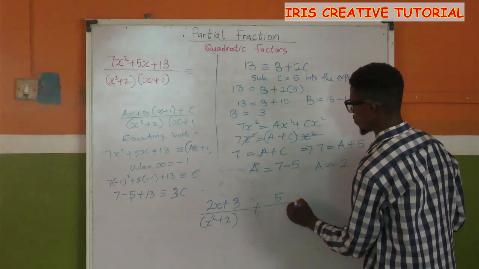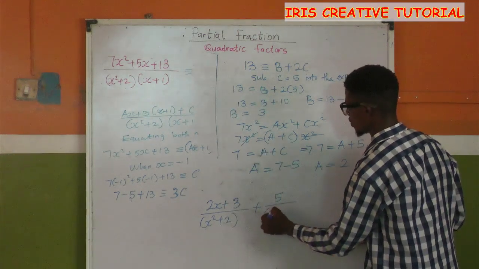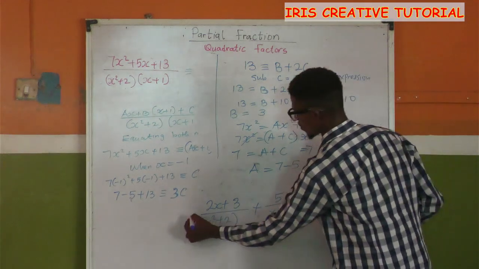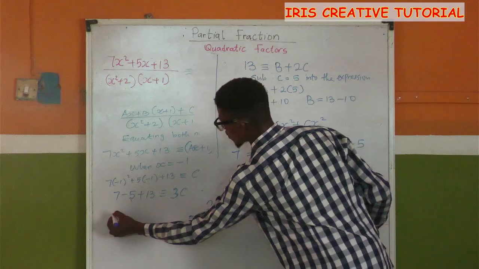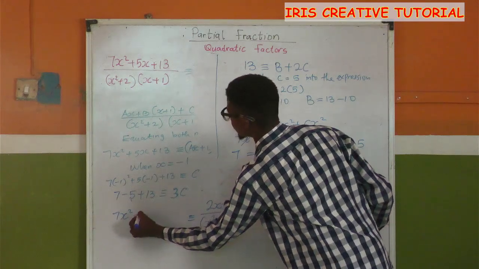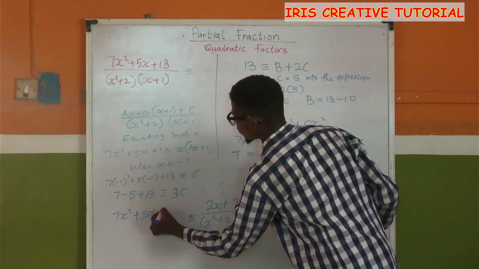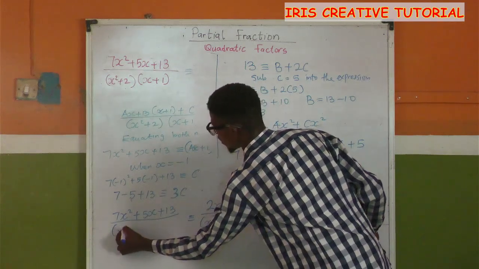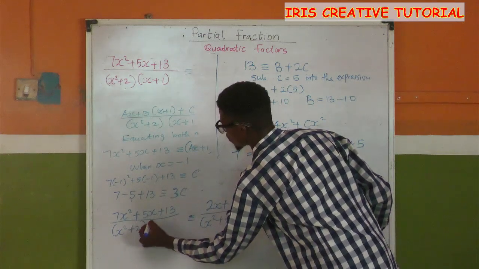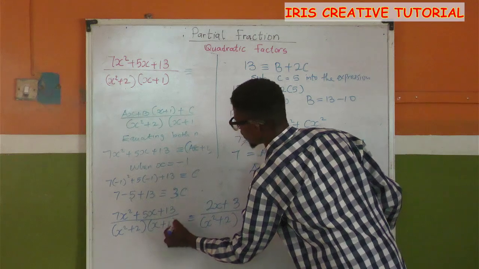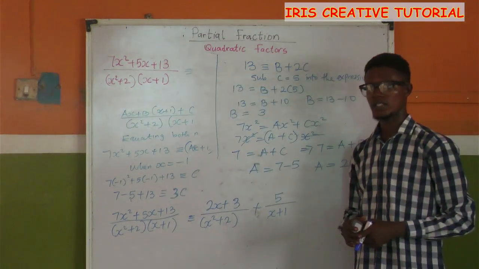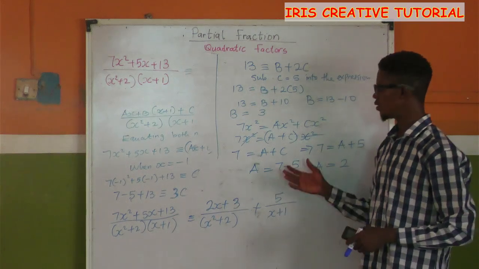You say 5 over x plus 1. Let's put this in brackets. So this is the equivalent of this: 7x squared plus 5x plus 13 over x squared plus 2 and x plus 1. Yes. So I believe that we have satisfactorily completed this question.